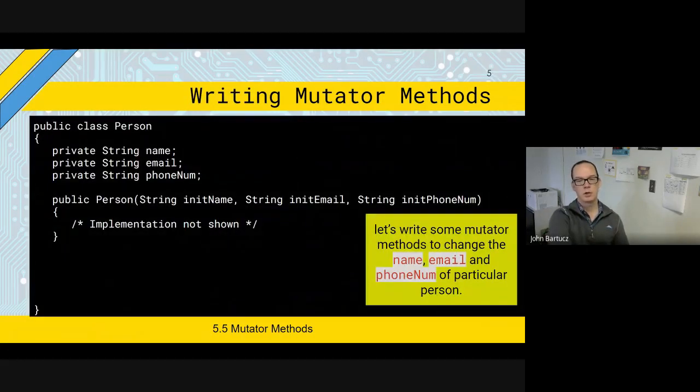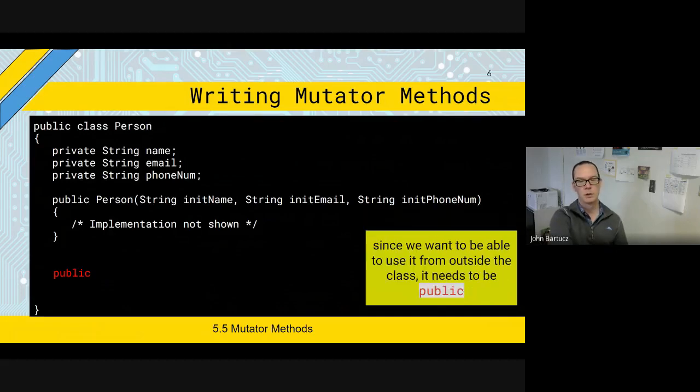So here's how you would set the name, email, and phone number once you already have a person object. You do set them in the constructor, but say somebody changes their phone number and you want to be able to update it. There's no way to do that right now. All we have is being able to look at phone numbers.